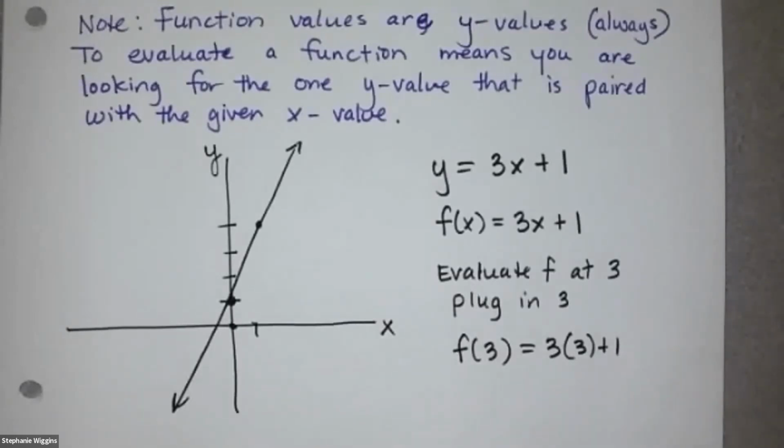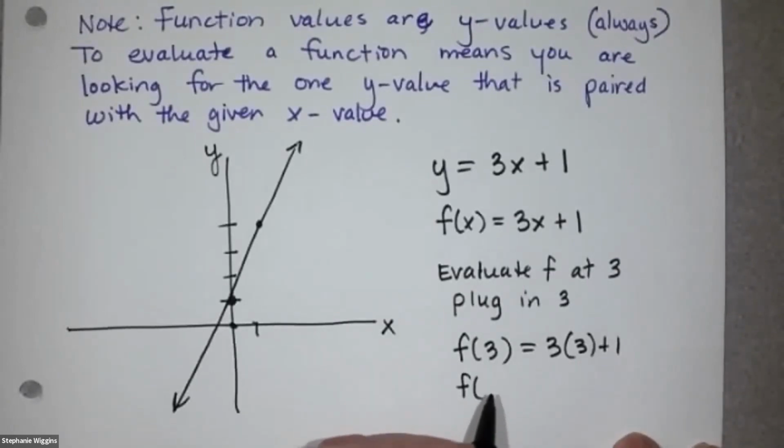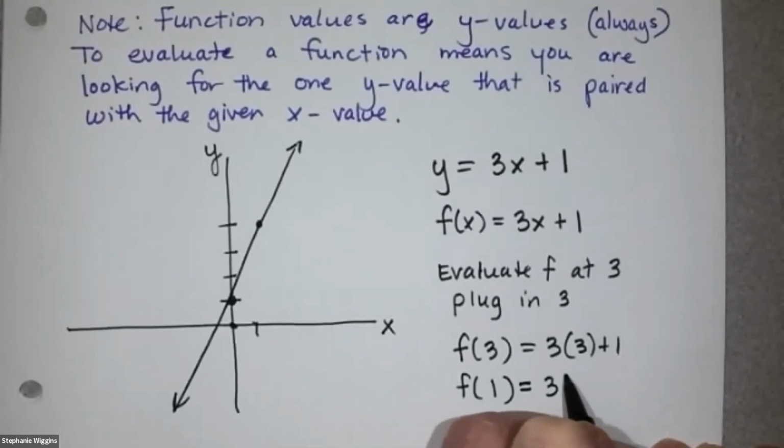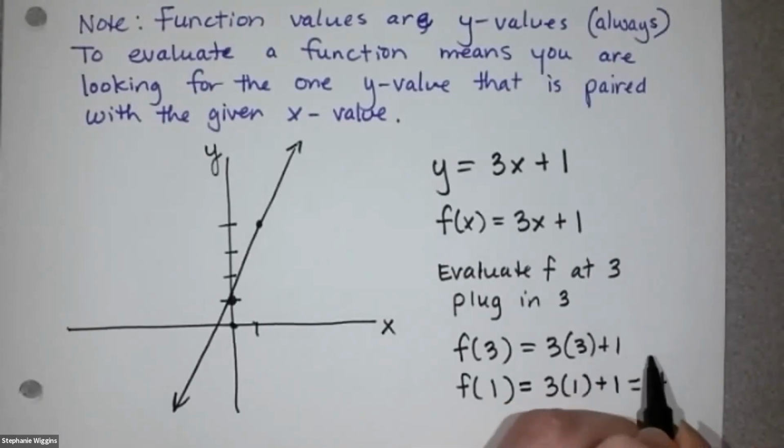F of 1 equals 3 times 1 plus 1, which is 4. That's 10. So f of 3 is 10, f of 1 is 4.